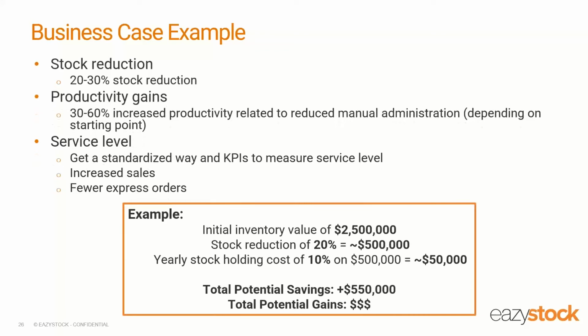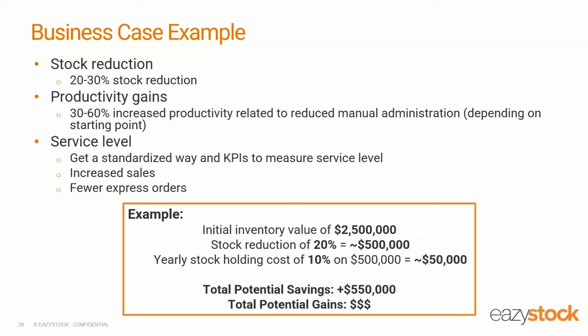What we're looking at here is what some of our customers can achieve through using EazyStock, and this is just one of the many business case examples that we work with. So we can achieve stock reduction. This is more for normal times, and it shows how EazyStock reduces excess inventory.